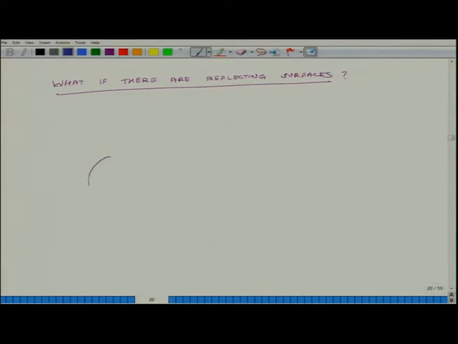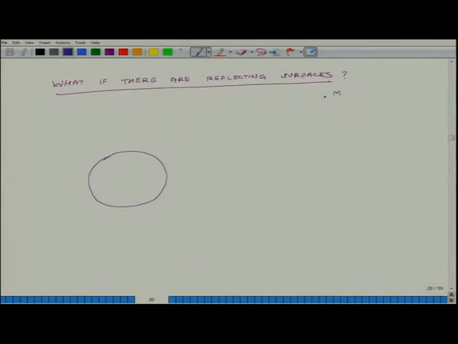Suppose I have a sphere. It is a perfect sphere and it is emitting sound, and it is in free space. I am measuring sound at this location M, where I have placed a microphone. There are no reflecting surfaces in the world, and I say that the value of sound pressure level here is LP, okay.